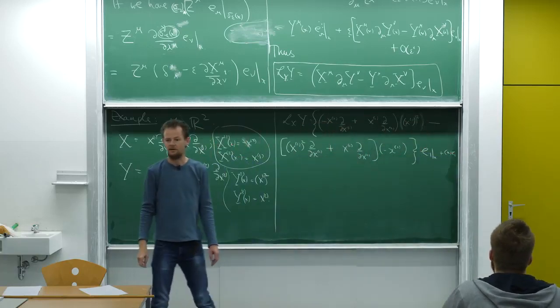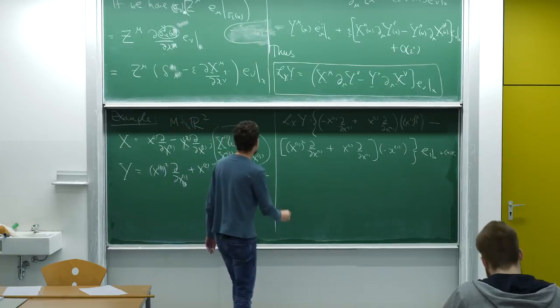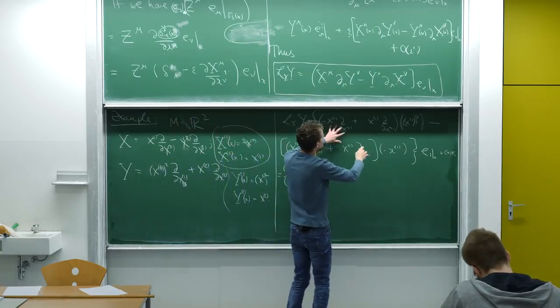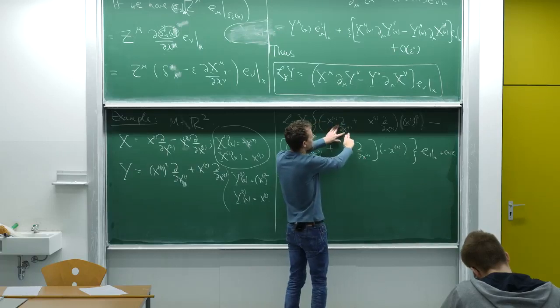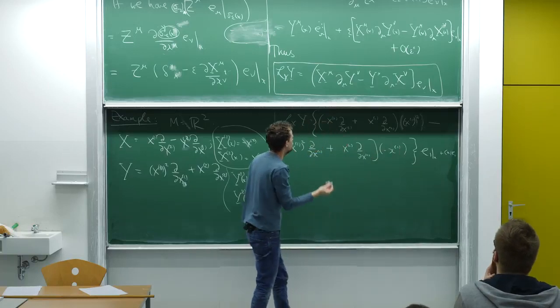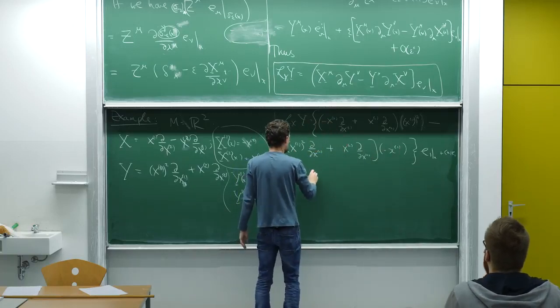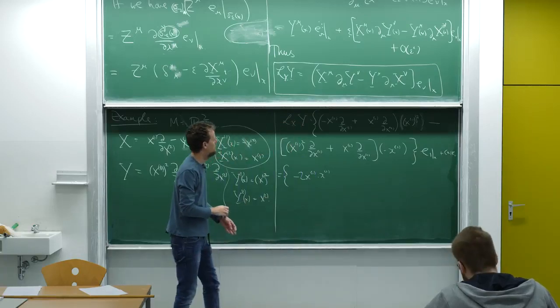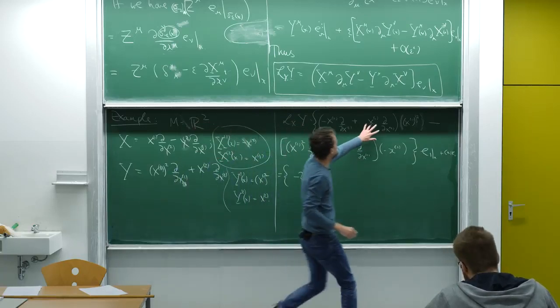There's enough going on in there. So here we've got something that we can do now. We've got ∂_1 of x1 squared, so that's 2x1. So we've got minus 2x1 times x2, and this is just 0.